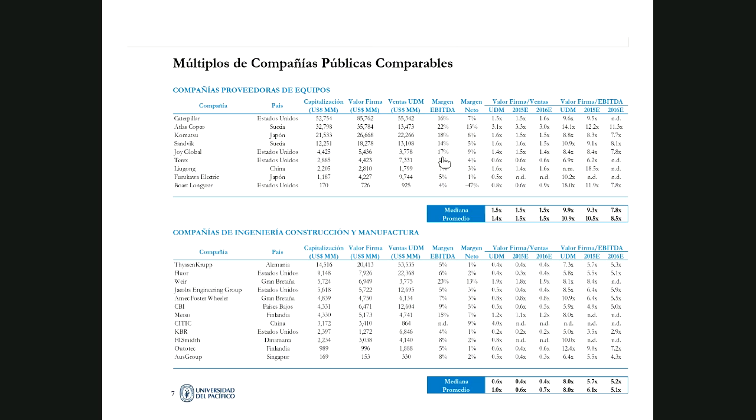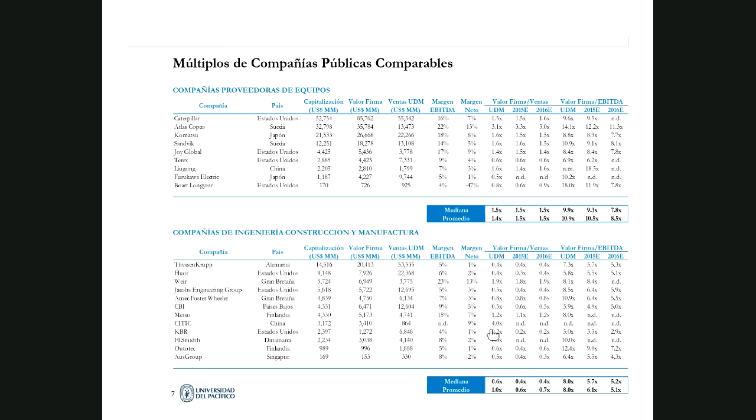What are their levels of multiples? For example, let's look at the first projected year, firm value to EBITDA for 2015. The multiples are going from 6.2 to 12.2, and the median is 9.3, and the average is 10 times. So you could see that in this sector, the multiples are pretty stable between 9 and 10 times for the last 12 months and for the first projected year.